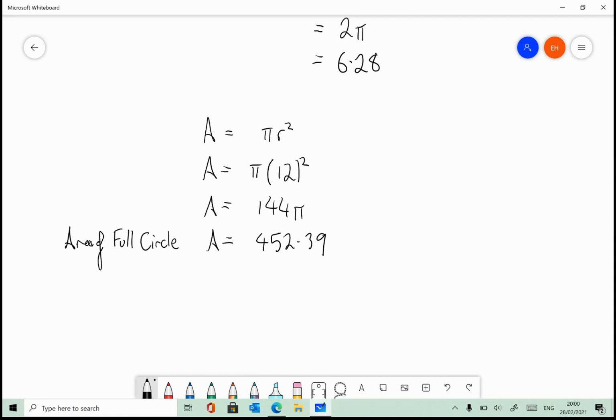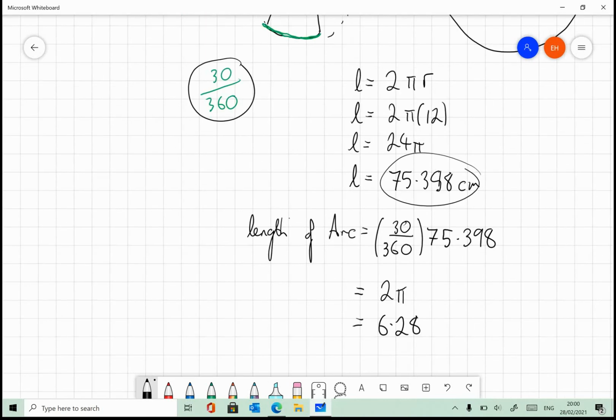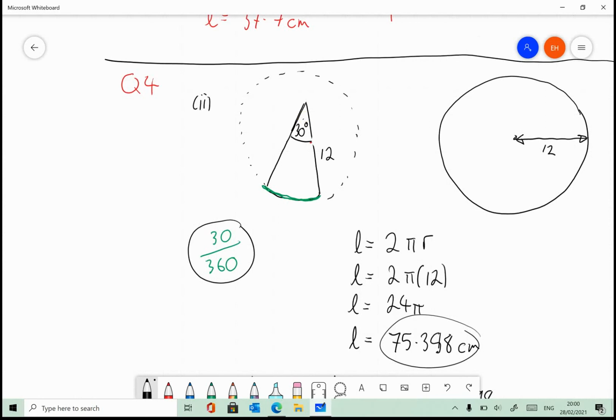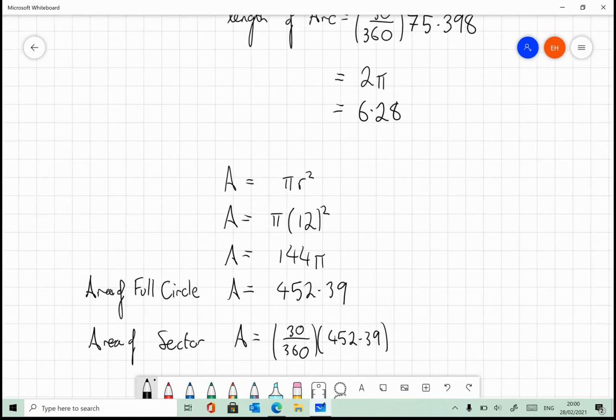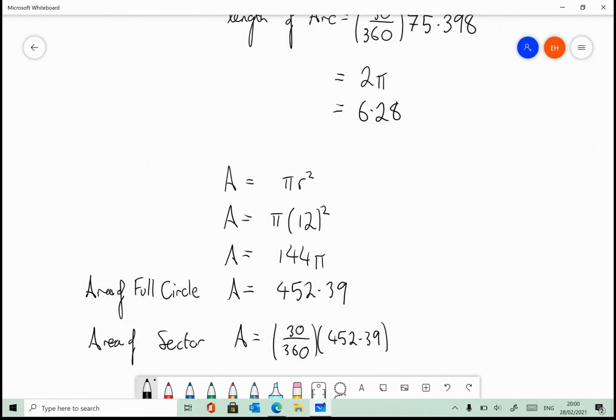But of course, we don't have a full circle. We have an area of a sector. So area is equal to, again, 30/360 times 452.39. Now, I know some of you are thinking, okay, so whatever number is given in here, I write that over 360, and that's the fraction that I multiply by this thing here. I don't want you to think like that, okay?